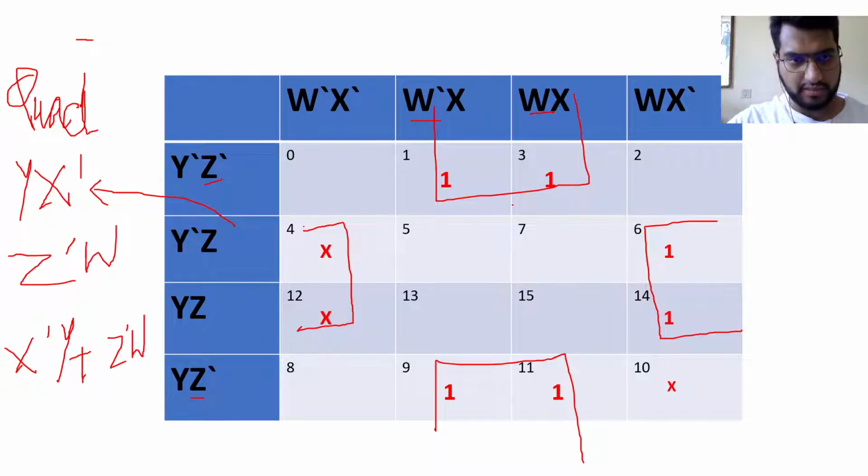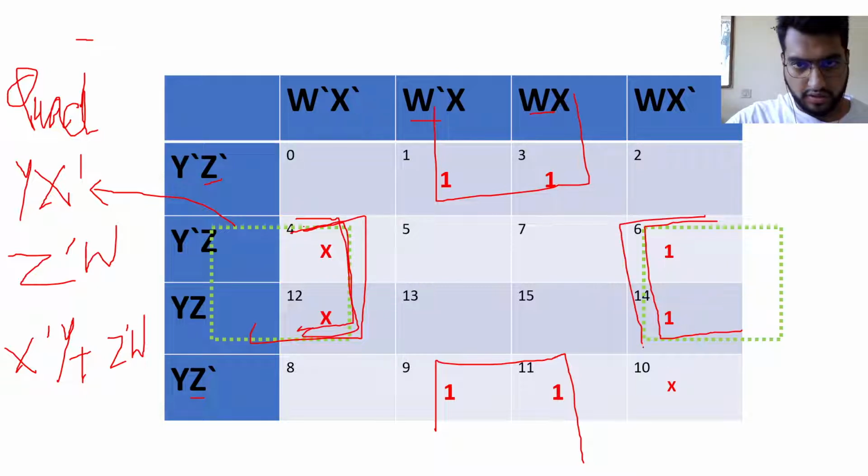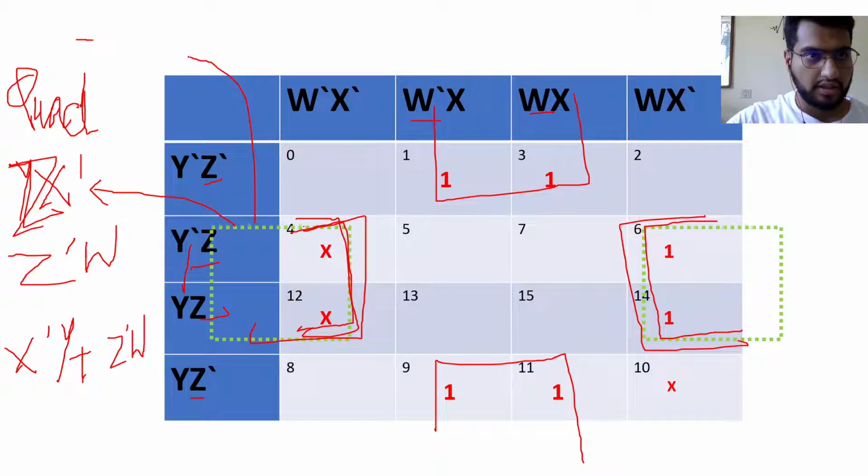We have done something wrong with this term. This is one quad. Sorry, this was z. This was z, zx dash, because y is changing and z is remaining constant. This is zx dash.